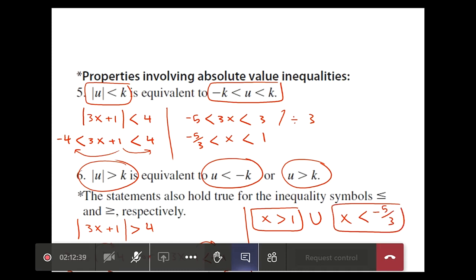So from 1 to infinity, union from minus infinity to minus 5 over 3, like this.